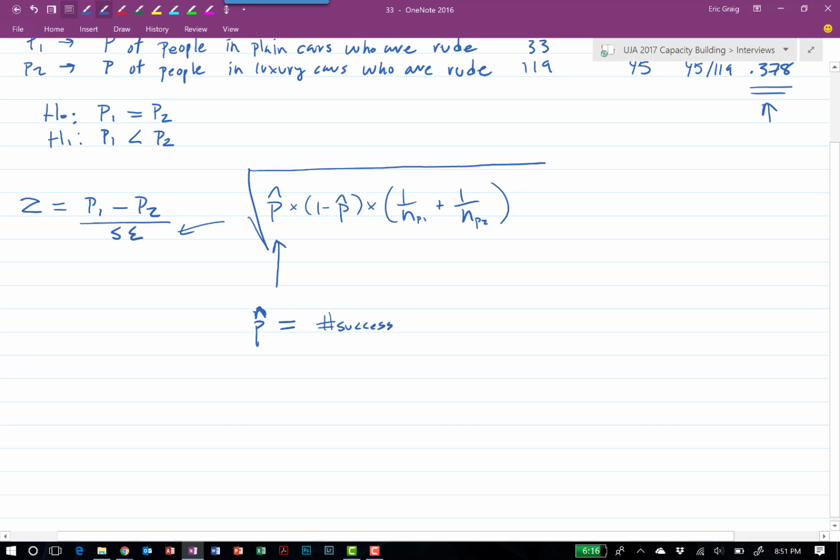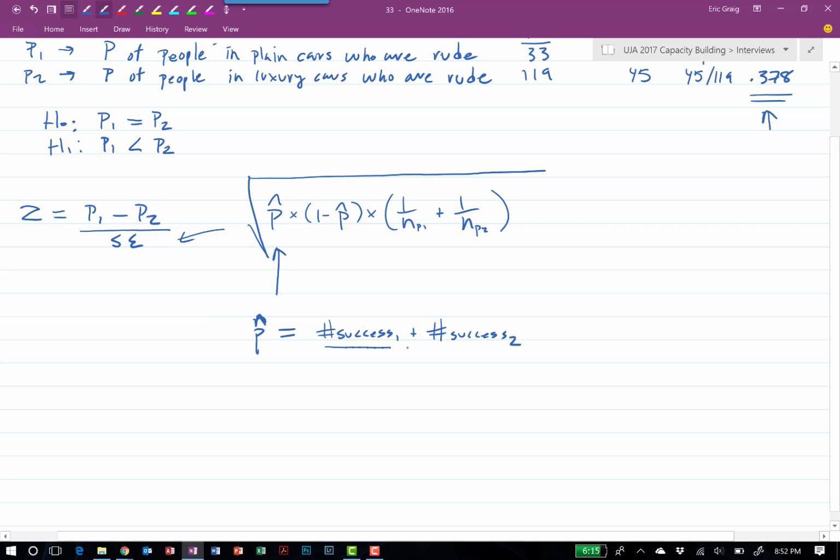It sort of is a little weird. Number of successes for 1 plus the number of successes, number of times people are rude if they're driving luxury cars, successes sub 2, over the sample size 1 plus the sample size of 2.